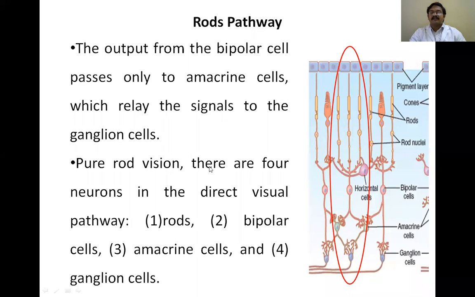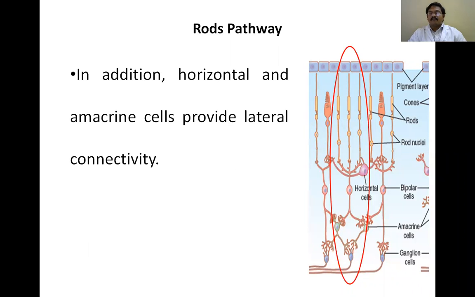In pure rod vision, there are 4 neurons in the direct visual pathway: the rods, the bipolar cells, the amacrine cells, and the ganglion cells. The bipolar cells synapse with the amacrine cells instead of directly with the ganglion cell.